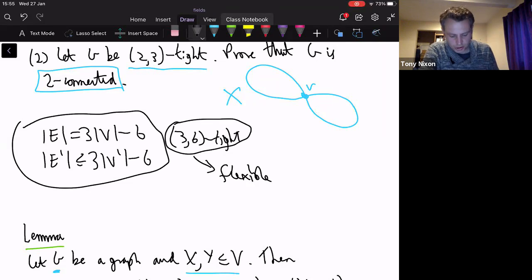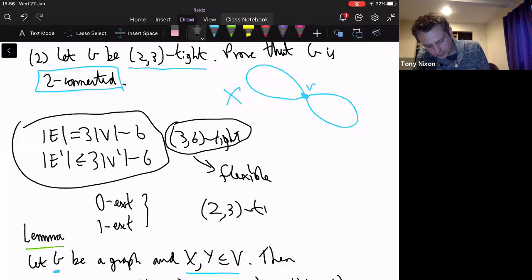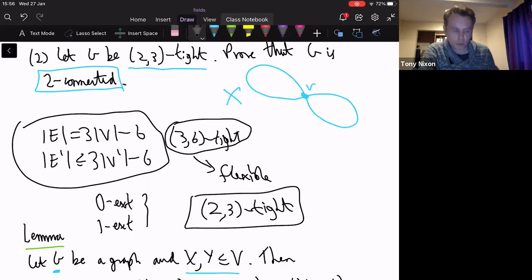So some of these graphs are bad, and it can be bad in very subtle ways. In terms of what I'm actually doing with these 0 extensions and 1 extensions, as we showed, the fact that they preserve rigidity works in d dimensions, but the combinatorics coming down, the point is they're not sufficient. So in 2 dimensions, what we're going to show is that all 2-3 tight graphs can be generated using just these 2 operations, but in 3D that becomes false.